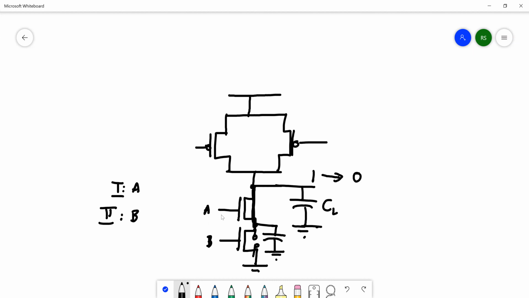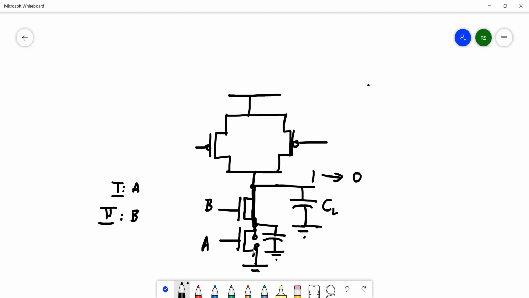So how can we improve that situation? It's very simple. We can improve that situation by changing this order. That is the meaning of this input ordering. Suppose I change this order. What I mean is, instead of A and B like this, the order of arrival is fixed: first A comes, second B comes.